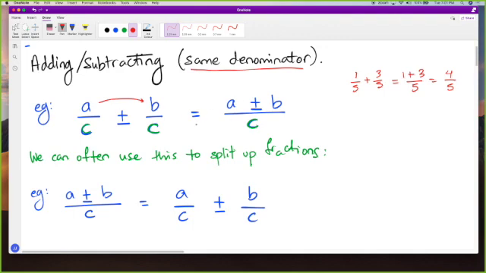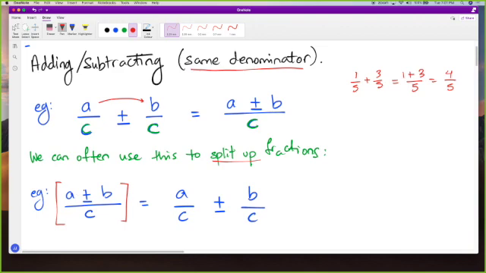However, this is a very useful thing when working the other way around. So we can often use this method to split up fractions, and you have seen me do this.